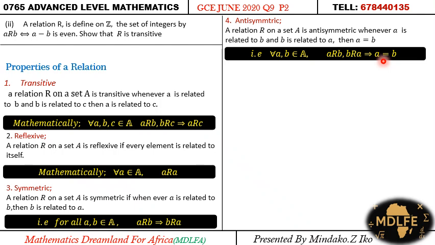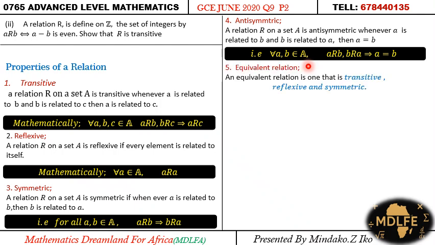Say we have a party and I'm like you; if I go there, many people will see me as you. That is just a simple way of reasoning about the antisymmetric property.